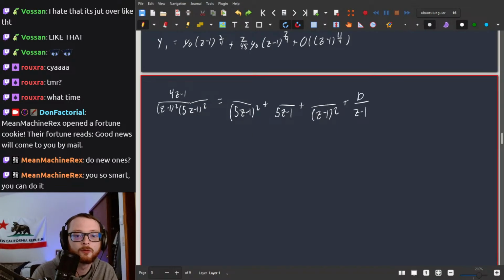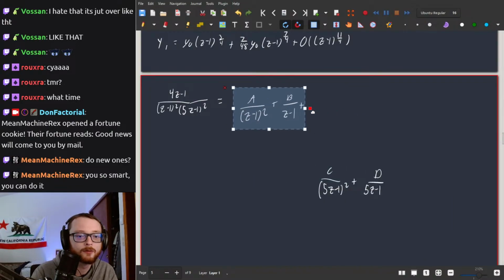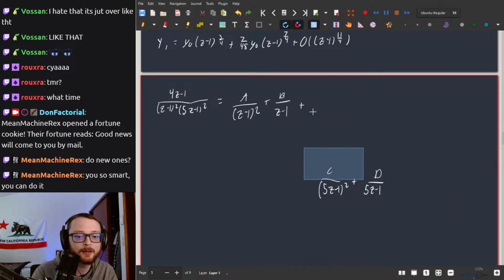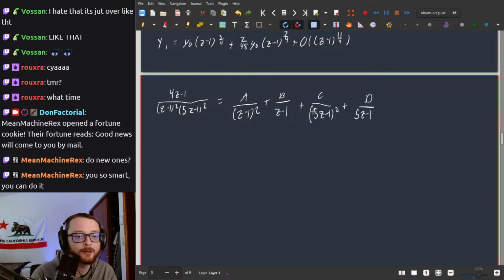A, B, C, D. This is completely pointless, but I can't handle my labeling not being like this. Okay. So I really want A and B. Those are the only two things that I actually care about here.